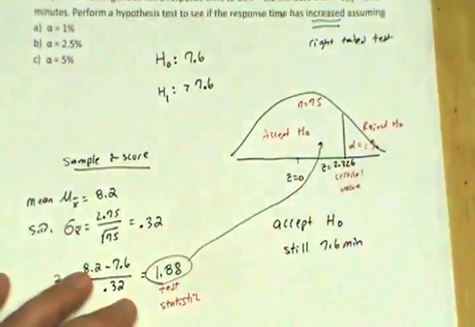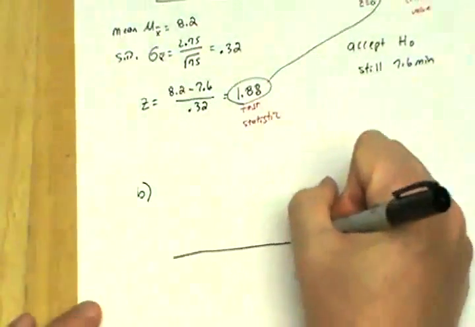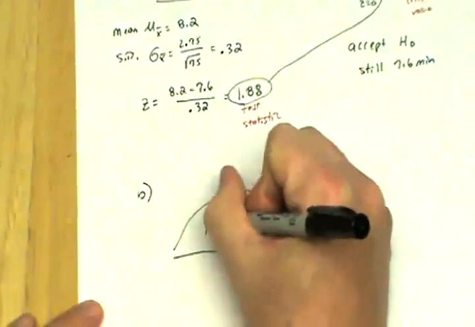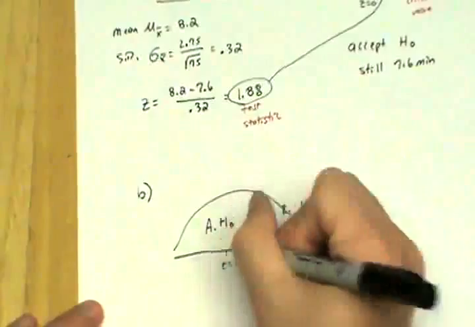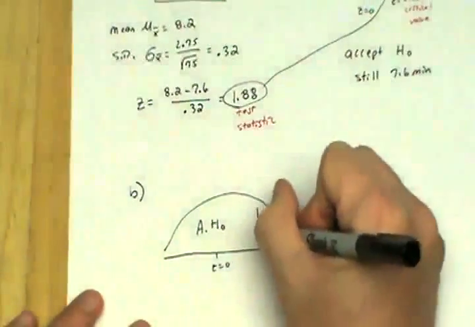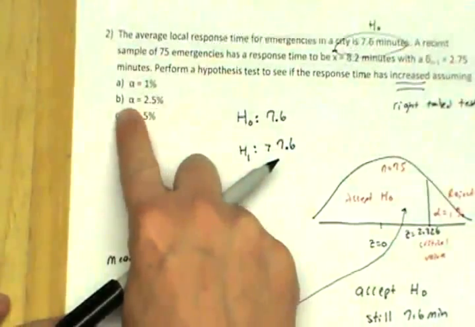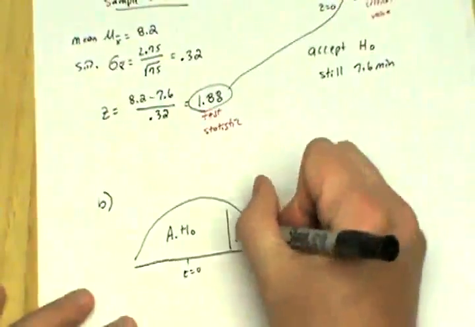All right, so for part B, the only thing that changes now is we just draw ourselves another bell-shaped curve. Everything here is still accept HO. Everything in the tail is still reject HO. The average in the middle is always 0. The only difference is now we change the alpha, or significance level, in this case to 2.5%.